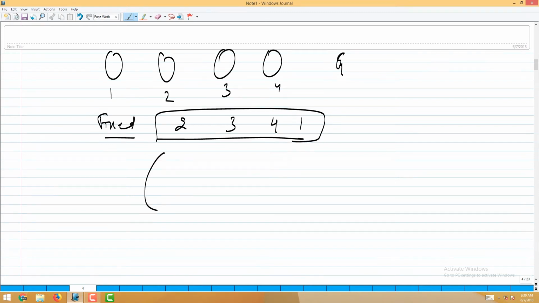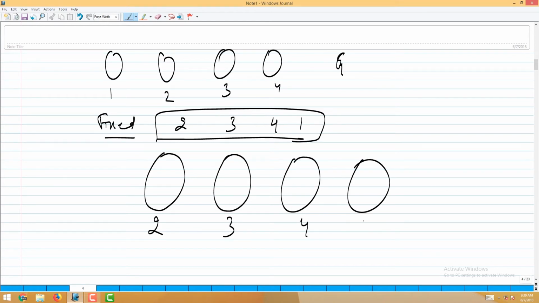So let us look at all the vertices which got color 2 in the graph, all the vertices that got color 3, all the vertices that got color 4, and all the vertices that got color 1 in G. We are looking for a path that starts from a vertex here, goes to a vertex here, and then to a vertex here, and then to a vertex here. How can you find such a path in this graph now?